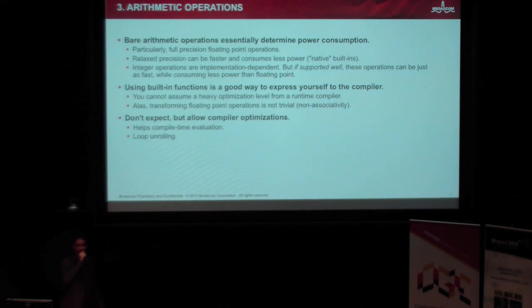Relaxed precision or half precision is way better, and theoretically integer operations could be just as fast and more power efficient than floating point operations, but the sad truth is that on mobile GPUs you can't really expect good support for integers, though maybe that will change in the future as more and more GPU applications come out.